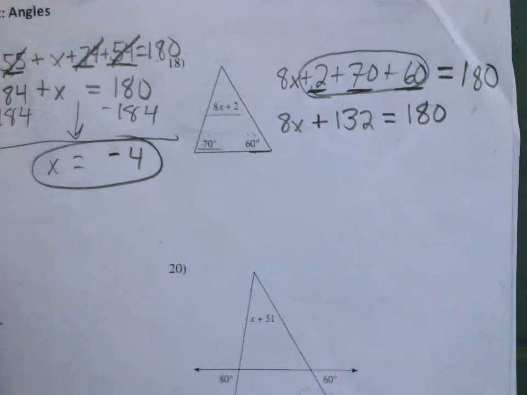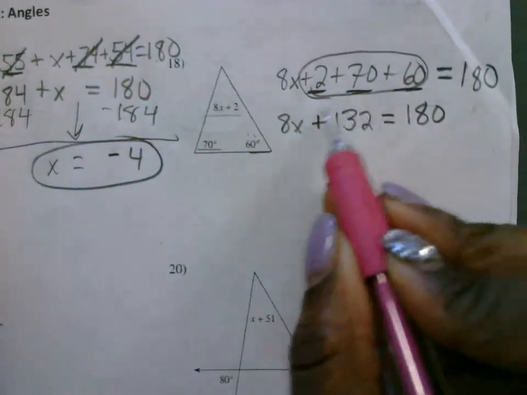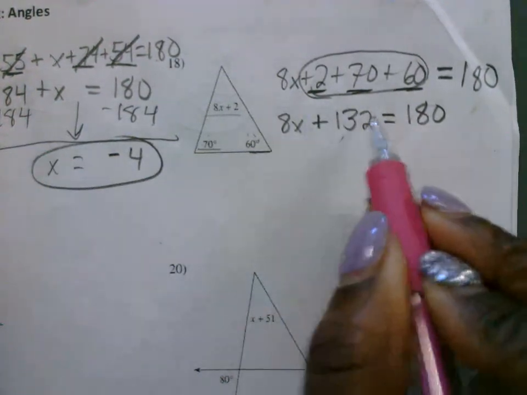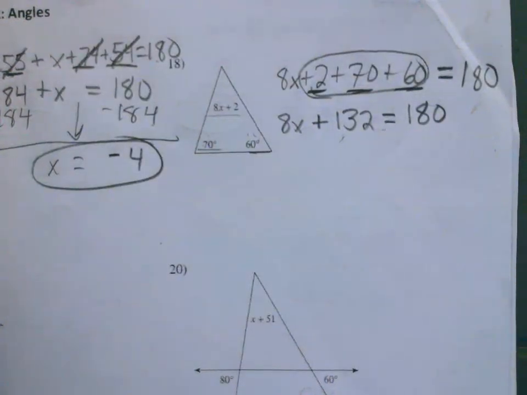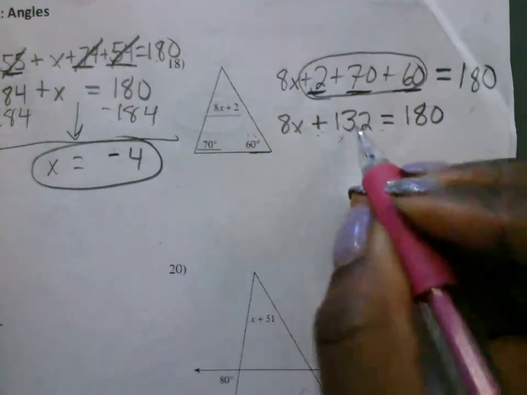All right, so now let's isolate. Let's get rid of the 132. How do we move a positive 132 to the other side? How do you get rid of a positive 132? Negative.